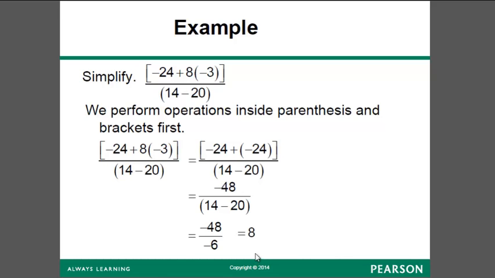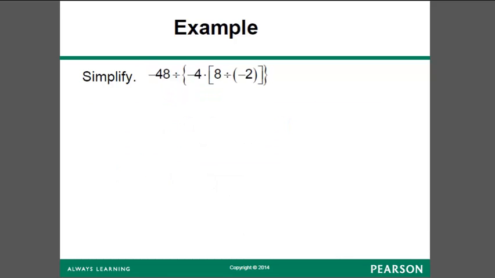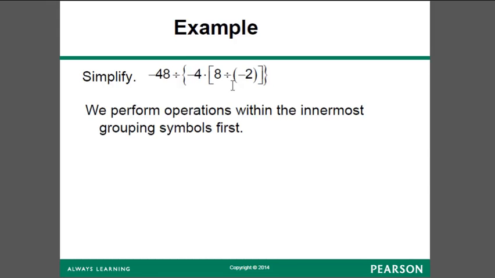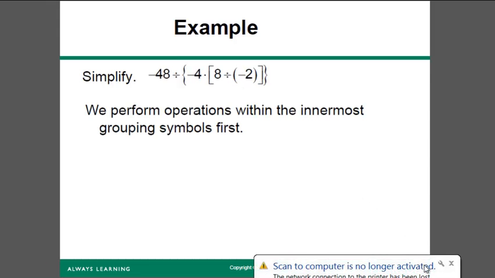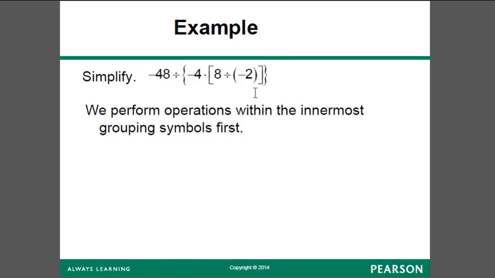Here's one. Now don't panic because this has a different type of brackets and parentheses. We just have multiple sets. We go to the innermost grouping symbol. When we do that, we first start trying to do something with this negative 2.